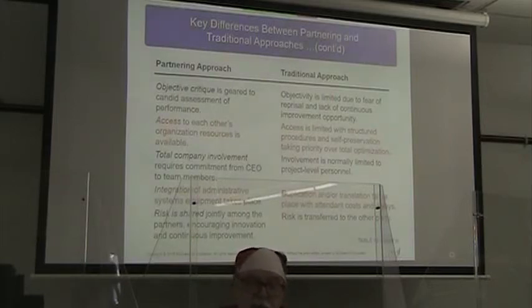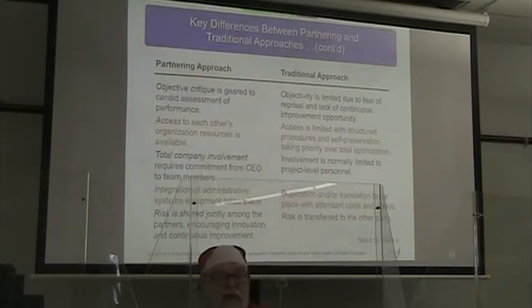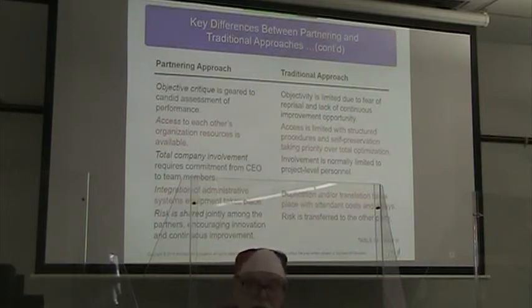Instead, in the partnering approach, we integrate our administrative systems equipment for greater efficiency. Traditionally, risk is transferred to the other party, but in our new partnering approach, our risk is shared jointly among the partners, and we're encouraging innovation and continuous improvement.